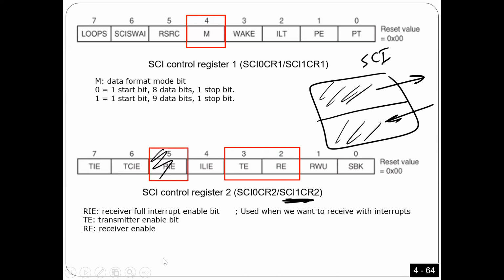These two are not about interrupts. For sure, I have to enable them if I want to receive and transmit. If you want to enable the transmission, you put 1 here. If you want to enable the reception, you put 1 here, or you put 0 if you want to disable them. And this other one is for the interrupts.